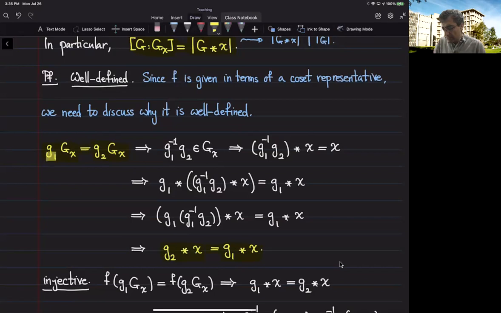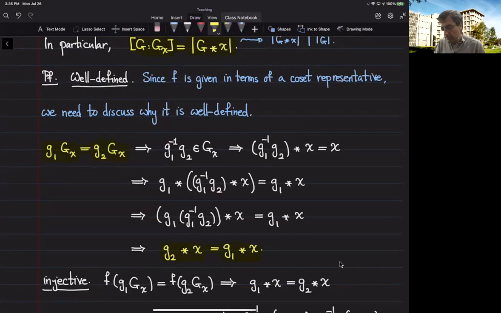Knowing that these two cosets are equal, so G1 and G2 are representatives of the same coset, we deduce that G1 inverse times G2 belongs to the subgroup.